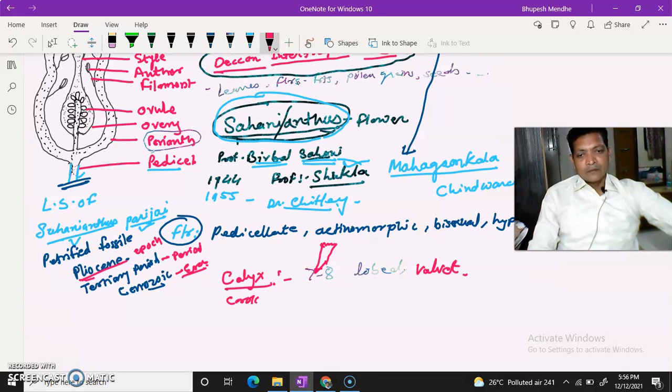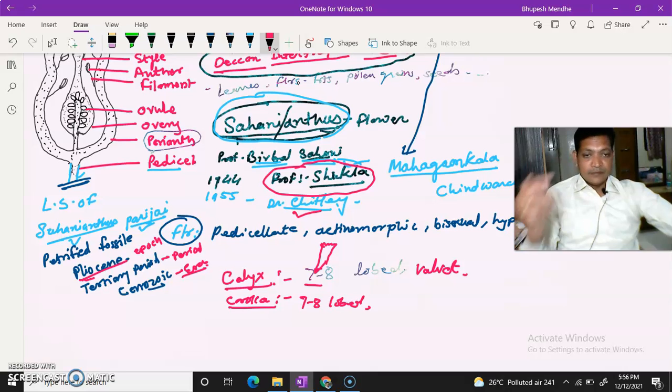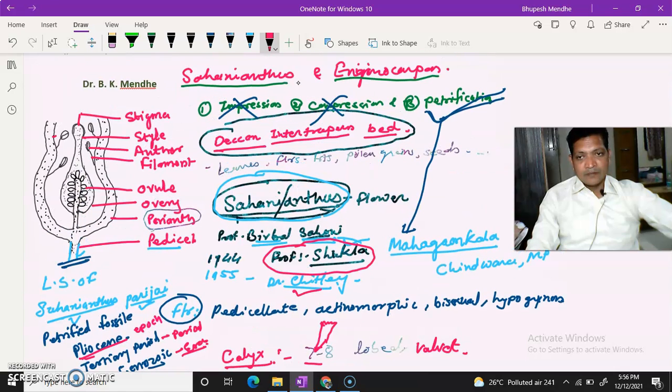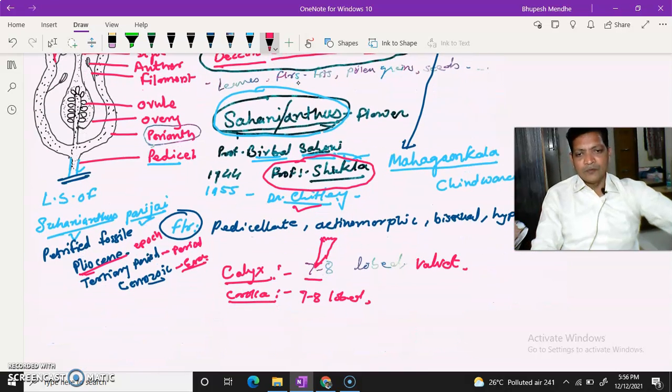Corolla: although Professor Shukla did not describe the corolla, Dr. Chitale described the corolla as having 7 to 8 lobes, and he said that this corolla arises from the sepals from here. So it is doubtful.